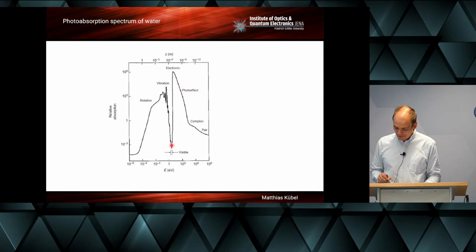In the visible range, there's essentially no absorption taking place. This is why water appears transparent. If we go to higher photon energy towards the UV, then the light will interact with the electrons, and this gives rise to this very strong absorption.